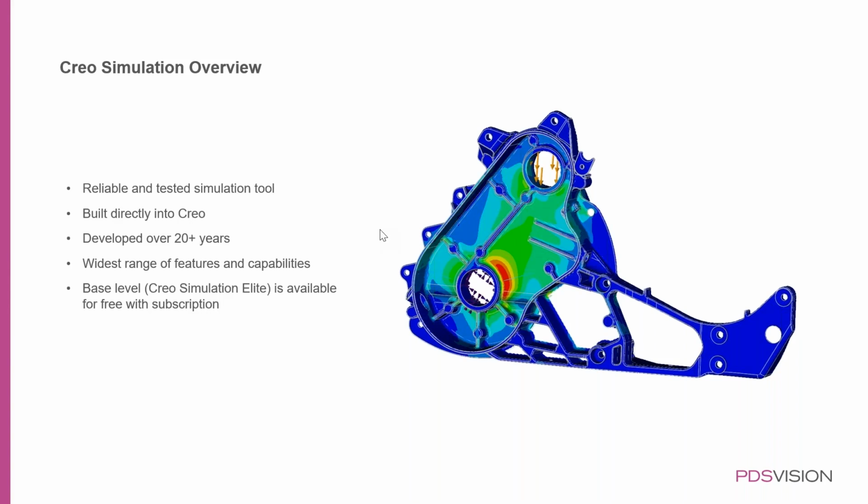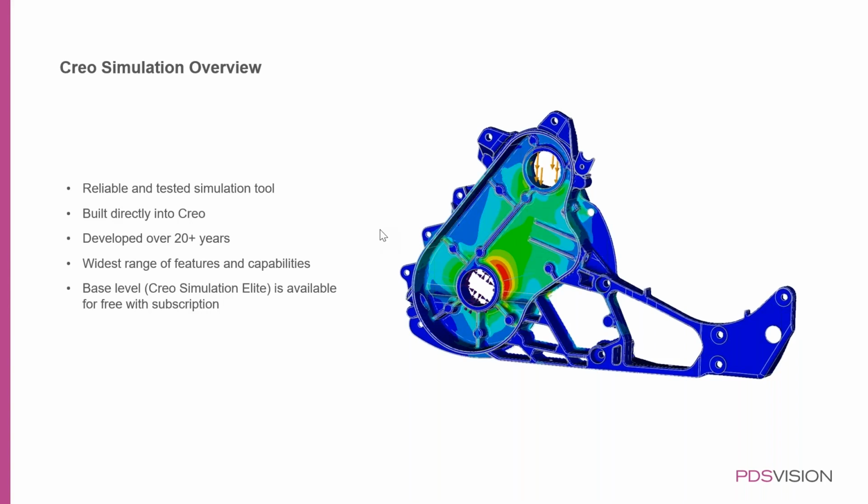It uses a P method simulation technology. Not going to go into detail on that in this webinar, but it does have implications like reduced meshing time. And it has a wide range of features and capabilities. In fact, I would say the widest range of any of the Creo simulation tools. So nonlinear materials, for example, if you work with those and you want to run simulations, you're likely going to be doing it in Creo Simulate here.